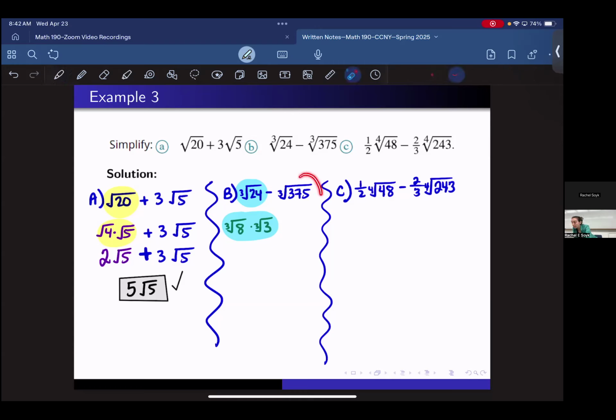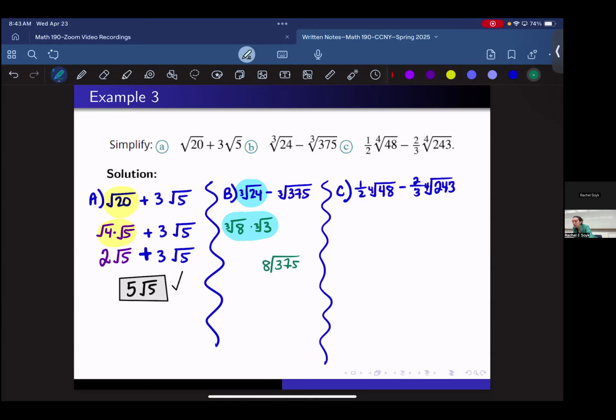Now let's look at this second one, 375. That's a large number. But once again, let's start off small. So 2. 2 times 2 times 2 gives you 8. Does 8 go into 375? I actually don't know that off the top of my head. I know what the number is, but I'm trying to work through this problem with you guys.